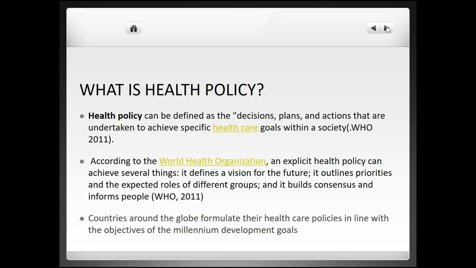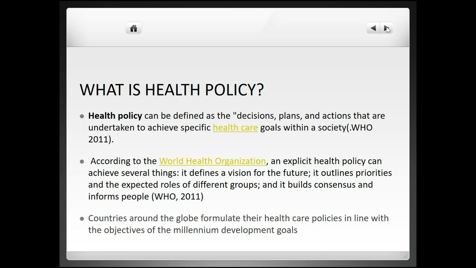I don't think malaria is a problem in the UK because we don't have mosquitoes here. So if you look at the health policy in Bangladesh or Pakistan or in Nigeria or in Brazil, it's different because they have different issues altogether. So what is in their policy document is going to be different from what is in our policy document in the UK.